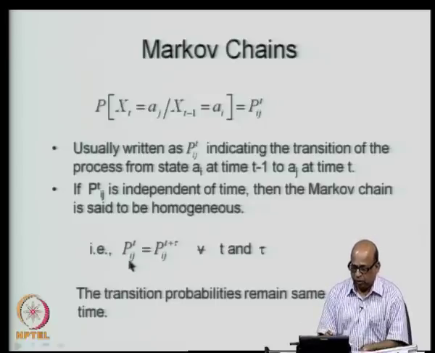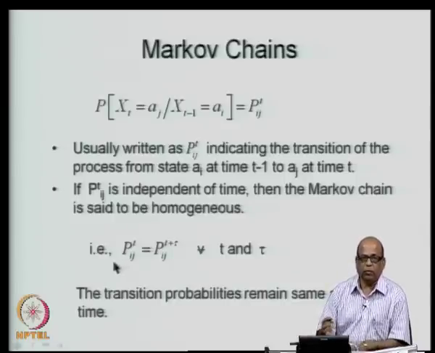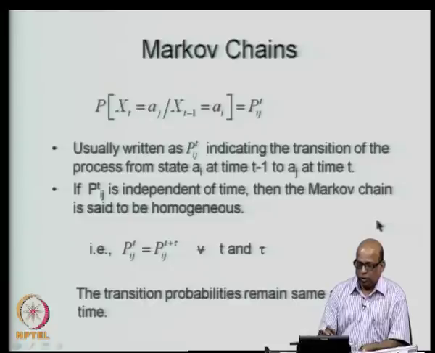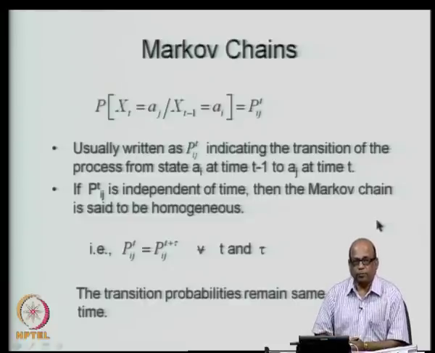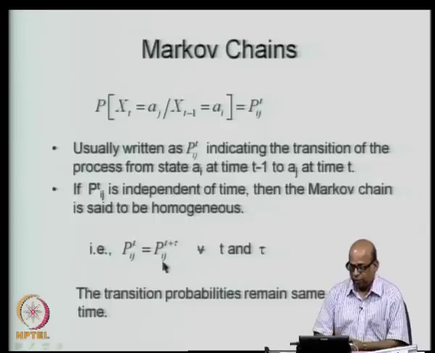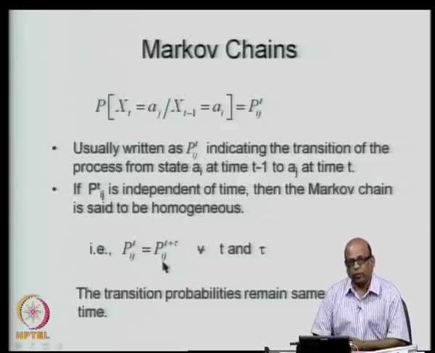So, if we can state that p i j t is equal to p i j t plus tau for all t and tau, that means irrespective of where in the time series you are positioned, the transition probabilities remain the same, then such a Markov chain is said to be a homogeneous Markov chain, and we will be dealing with homogeneous Markov chains for the advantage that they provide.